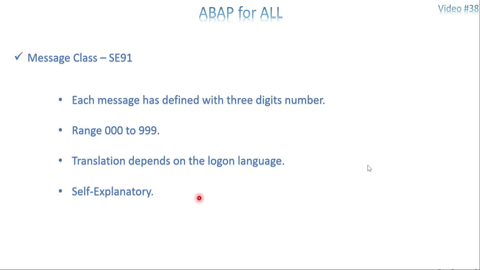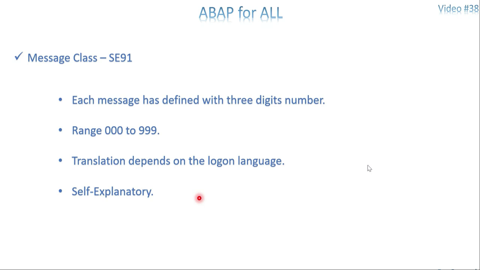And translation depends on the logon language. Because it's a message, if the end user logs on with a language other than English, the message, whatever we are showing or entering or saving, needs to be automatically converted as per the logon language.